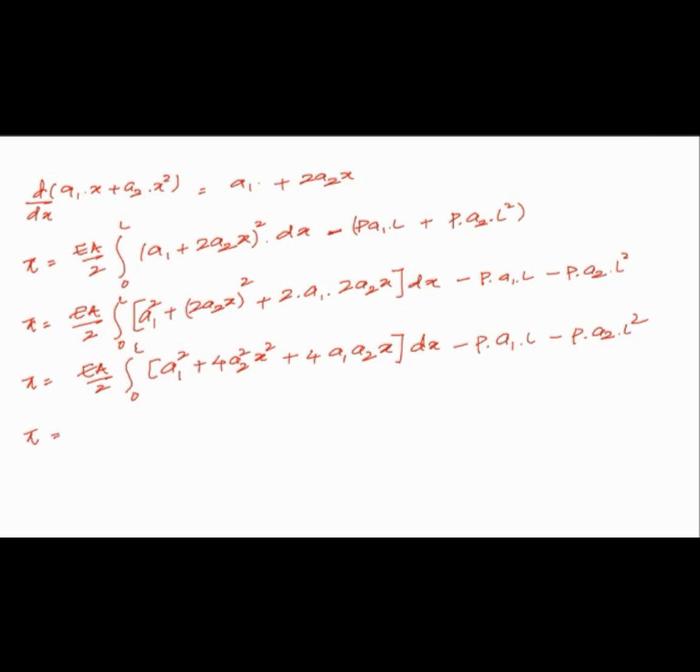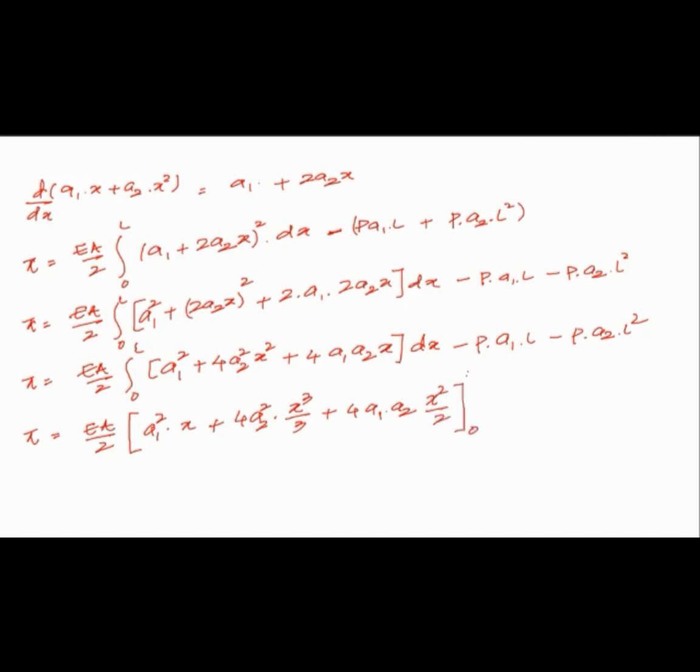Therefore pi is equal to, now I'll integrate this entire term with respect to x. Okay, and I'll put the limit 0 to L, upper limit minus lower limit. So a1 square as it is into x, differentiation of constant with respect to x is x, plus 4 a2 square as it is, integration of x square is x cube by 3, plus 4 a1 into a2 as it is, integration of x is x square by 2.